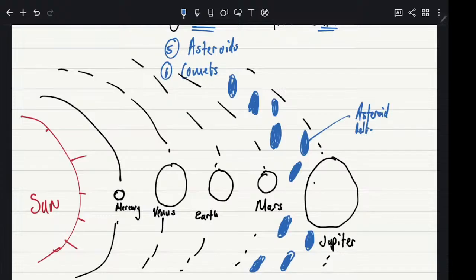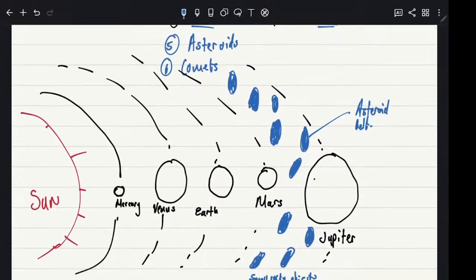Okay? Please don't forget. In between planet number 4 and planet number 5, that's where you have your asteroids. These are small rocky objects. You find them moving around this area, which is between Mars and Jupiter.